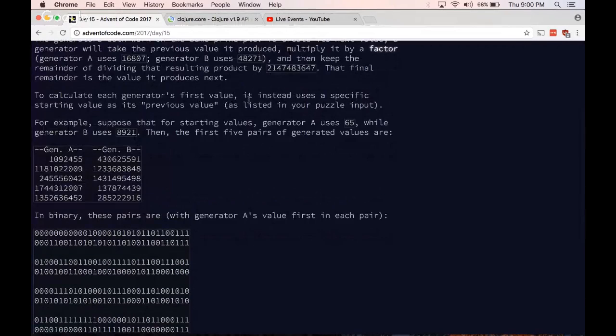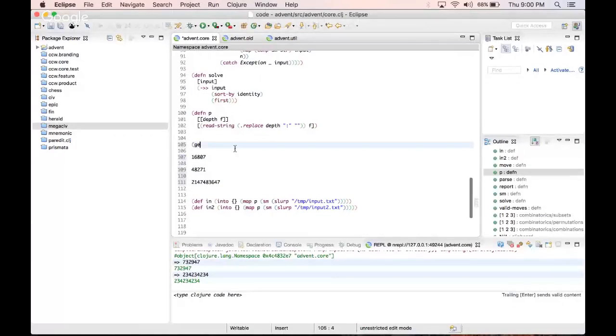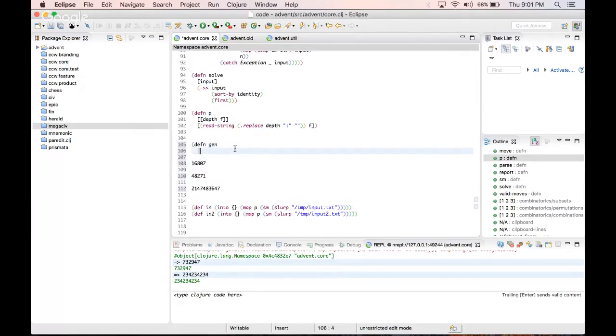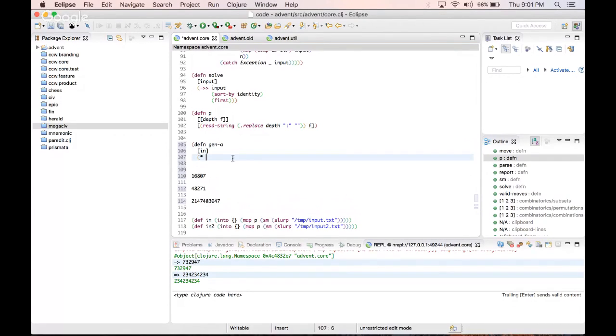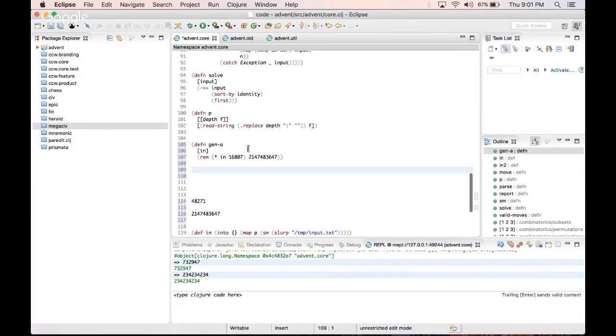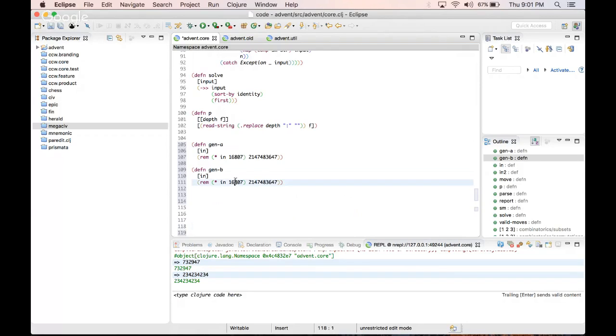So we might def a function here, gen, on a number here, then some number that multiplies in by this and takes the remainder of this, and similarly gen b, its value is here, right?